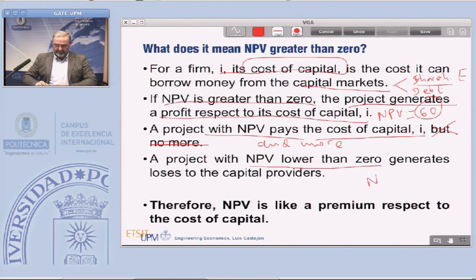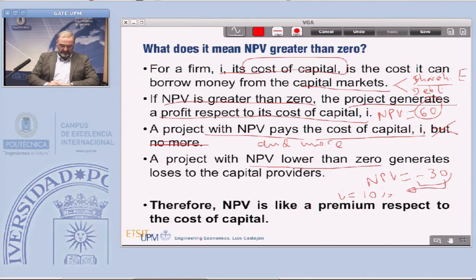So if the net present value of a project is minus 30 units and the cost of capital is 10%, this project is not paying the interest rate. So the income this project generates is lower than 10%. So that's the reason we reject projects with net present value lower than 0.